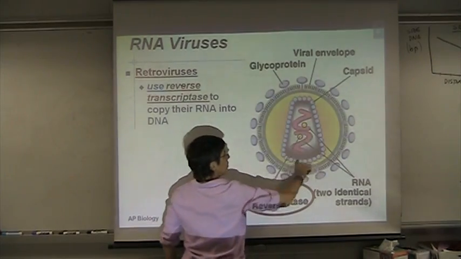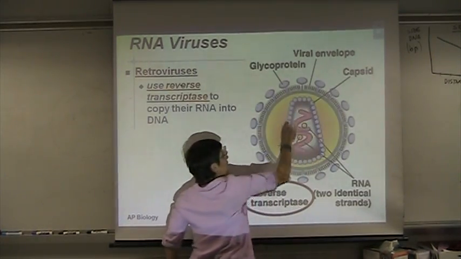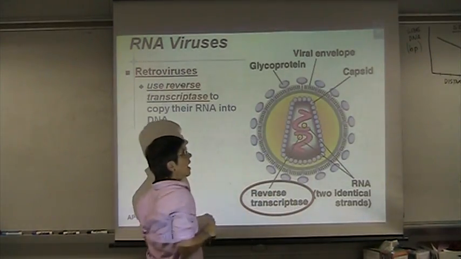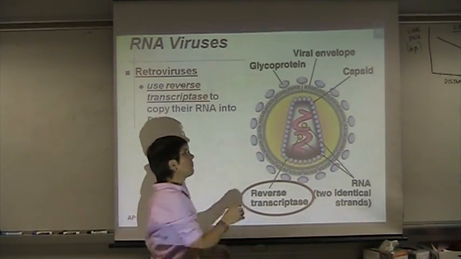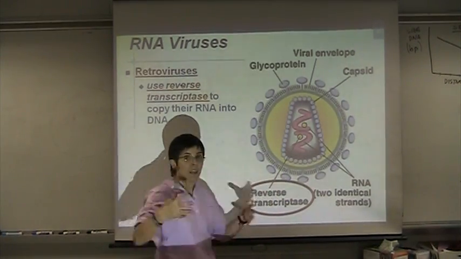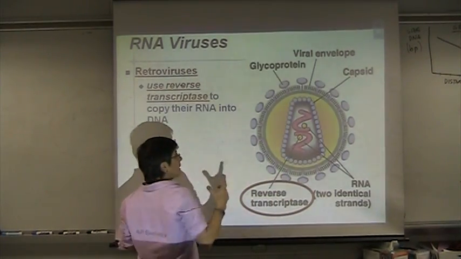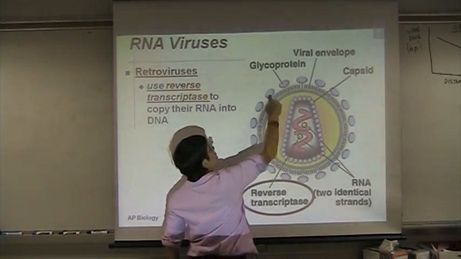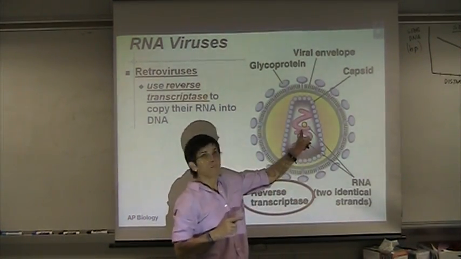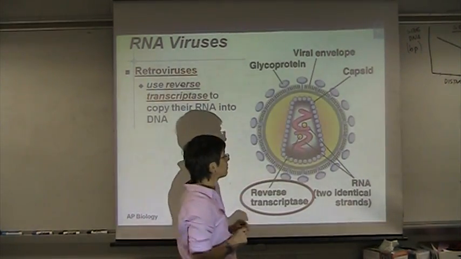Surrounding that, of course, you have the capsid made out of proteins. And then surrounding this, you have an envelope that is mostly made out of phospholipids that came from the host cell, but also has these major glycoproteins that were coded for by the virus itself.